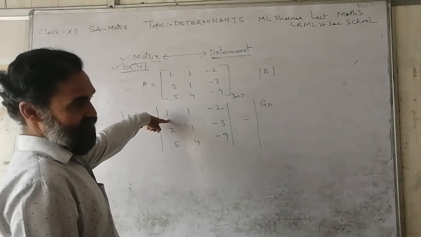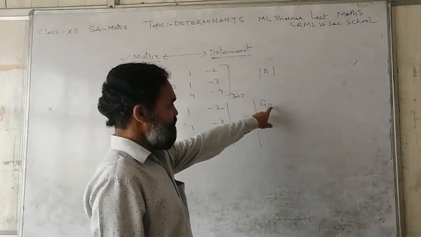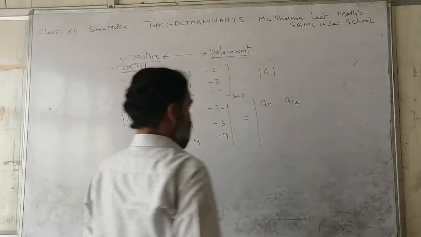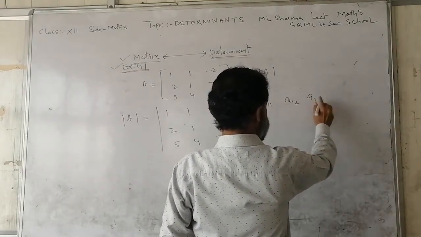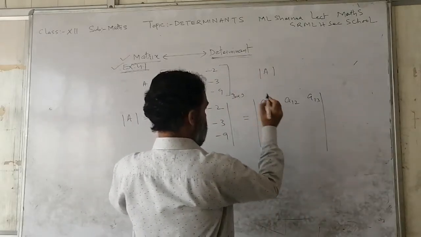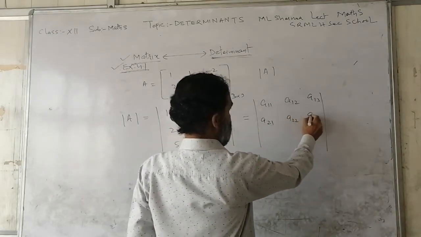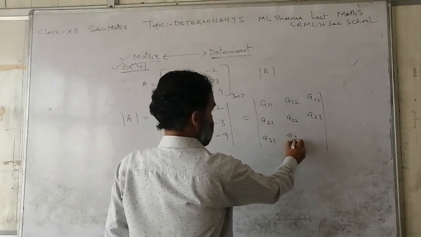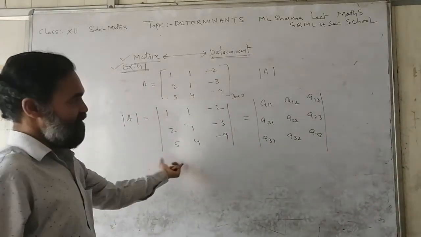This is lying in first row and first column, that means its row is first and its column is first. Then this element corresponds to A12, this element corresponds to A13. This element is equivalent to this. So this determinant and this determinant, they are the same.